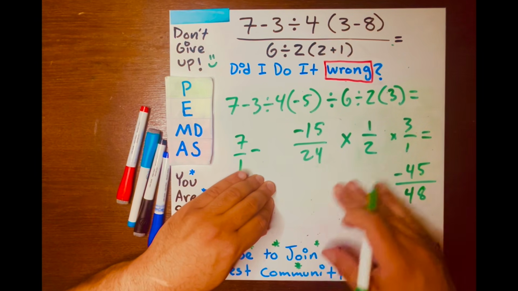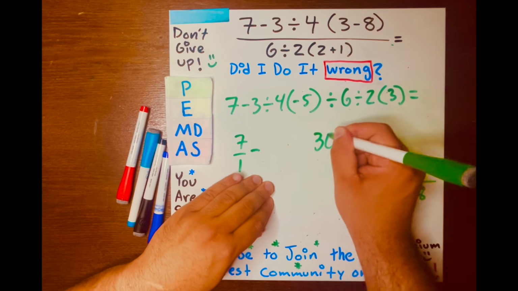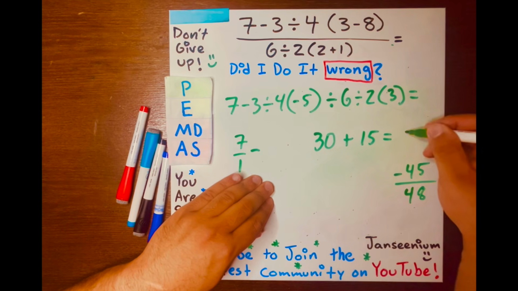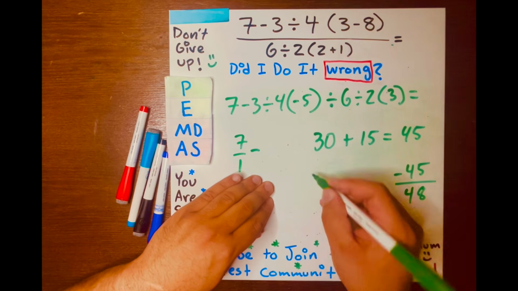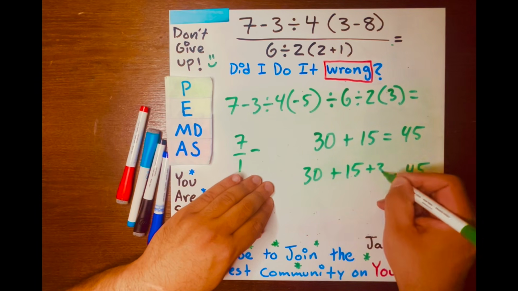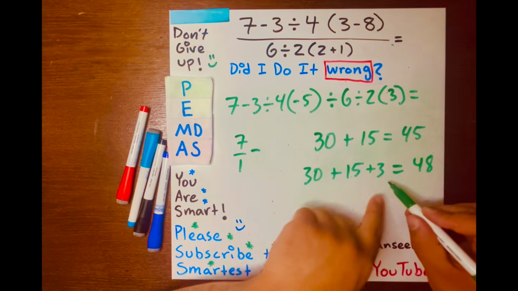And that can be broken down because notice that 30 plus 15 is 45, and then 30 plus 15 is 45, plus 3 is 48. So it goes by threes.